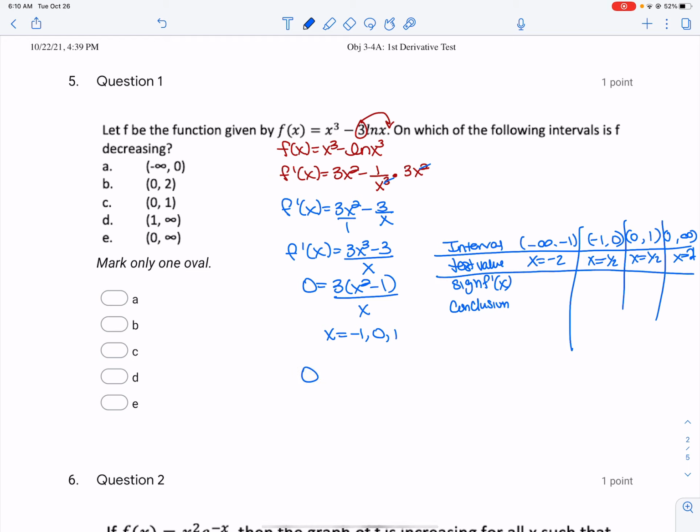it would have been nicer for me to have this as a factored version. So let me have f prime of x as a factored version: 3 times x minus 1, x plus 1 over x. Okay, so negative 2, that's a negative, negative, and negative. So 3 negatives make a negative, so f prime is less than 0. 1/2 would make a negative.